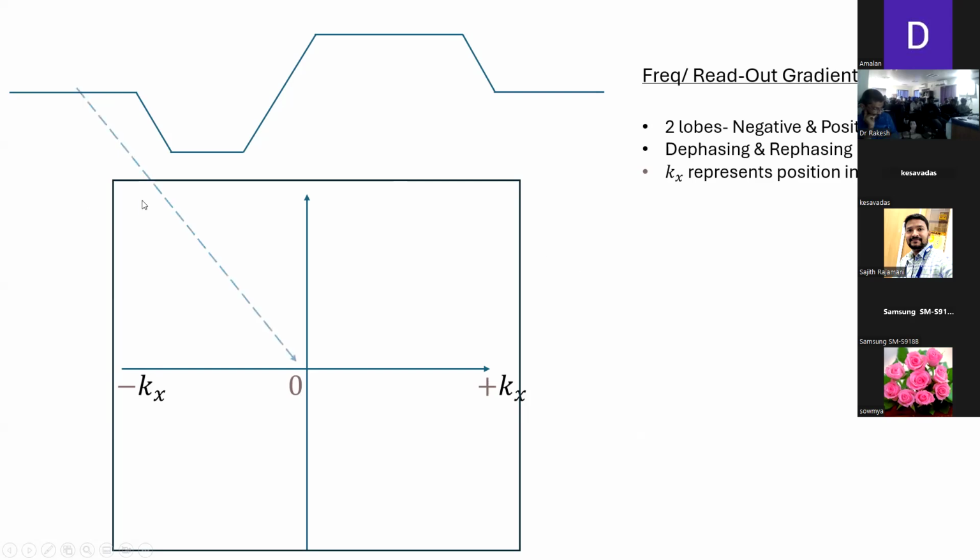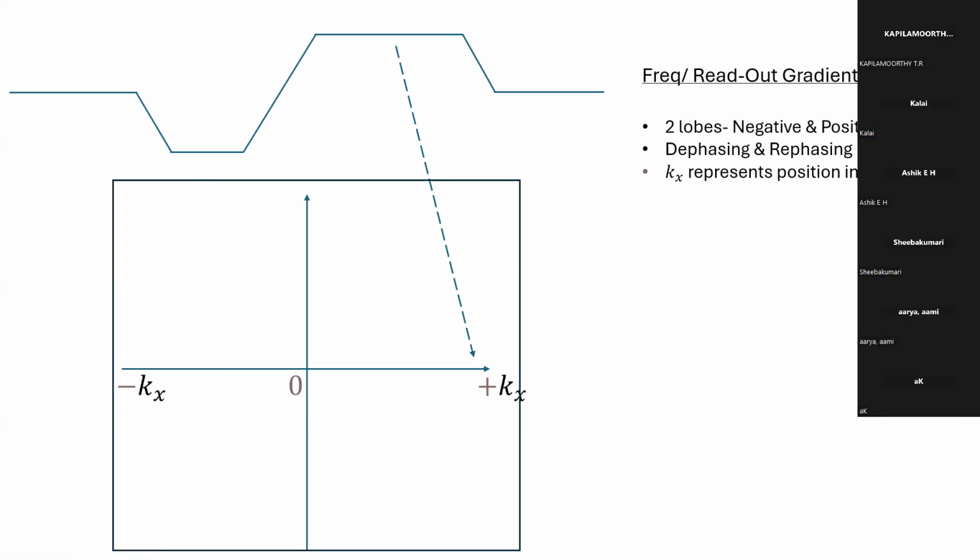The moment we apply the negative lobe, the position of kx moves from 0 to the negative side. If we apply the positive lobe, it moves from negative to 0 first, and then from 0 to positive later. This is how we use the frequency or readout gradient to define our kx component in k-space.